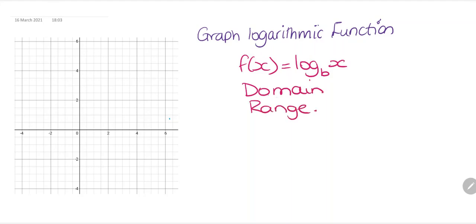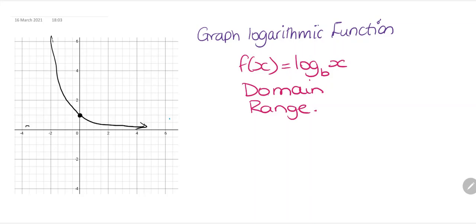Last time we looked at exponential functions and we said the intercept was at the point 0, 1. We looked at our growth function and at our decay function.